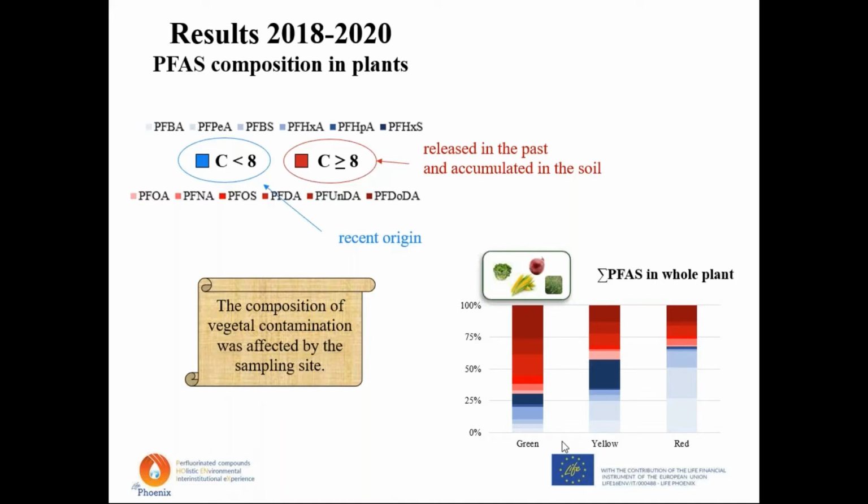On the contrary, in plants taken from the red areas, the most present PFAS were compounds of recent origin, short-chain compounds.